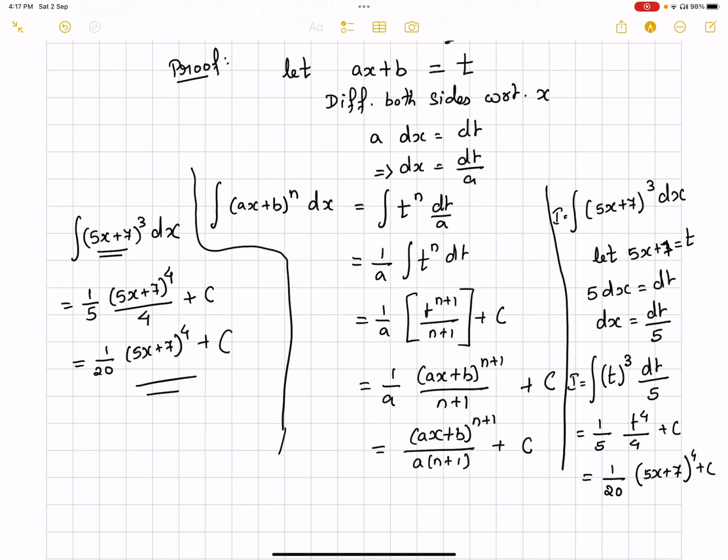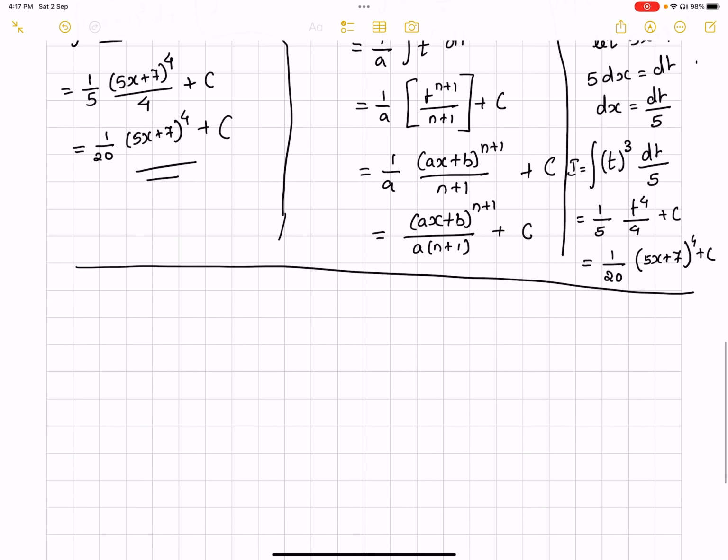So we got the same result here in two steps. Here, in a few steps, we have taken substitution t and all. What I'm saying is you can just go ahead and observe the pattern. If it is in the linear format, you can go ahead with your calculation directly, since we are aware of what format it is in. So that's why we are doing this.